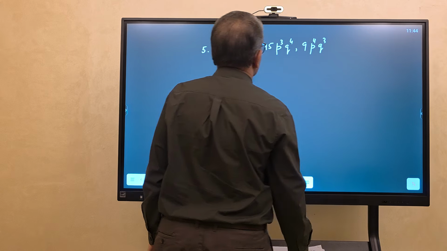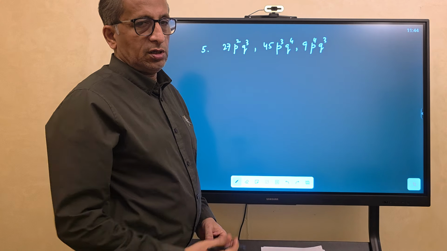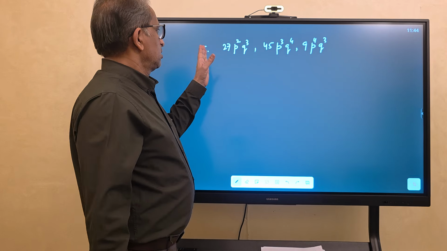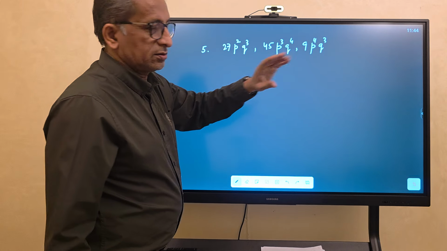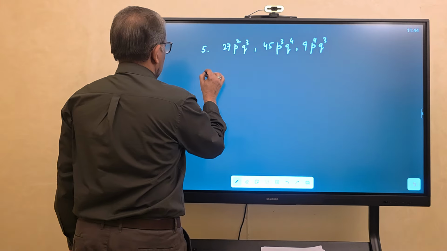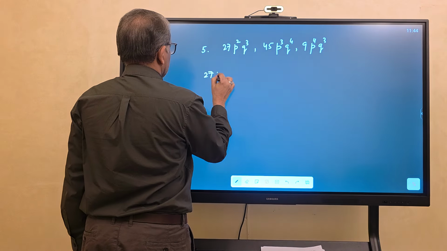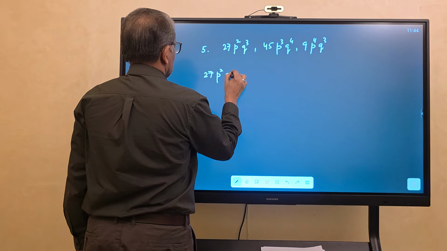So these are the 3 monomials, and we are finding the greatest common factor of these 3 monomials. Let me write one by one. 27P square Q.